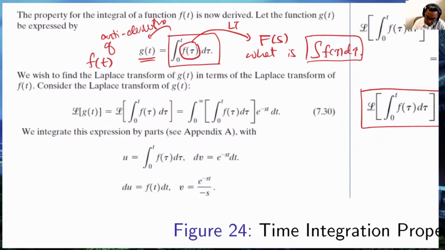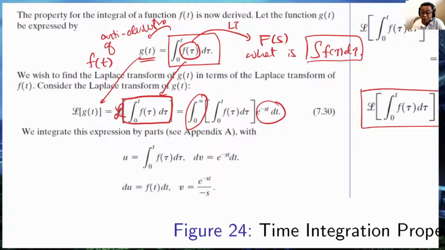That's the proof. Alright, so we're going to perform the Laplace transform of g of t, which is the Laplace transform of this little guy here. When we reach this point, of course, we can open it up to write the equation for the Laplace transform, which is, in this case, the causal one.